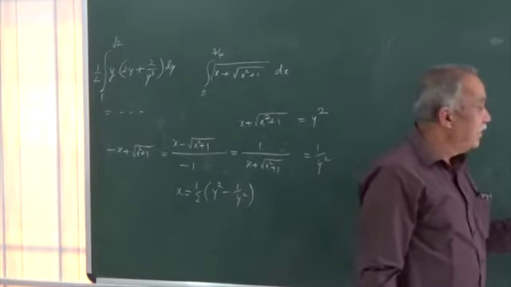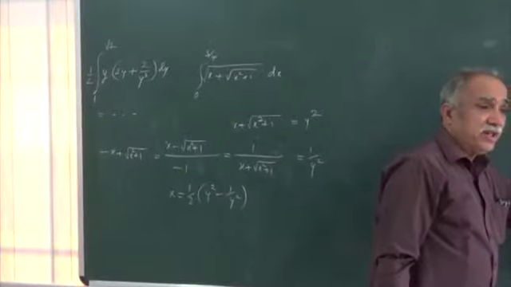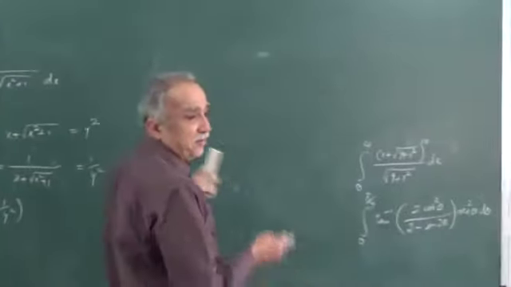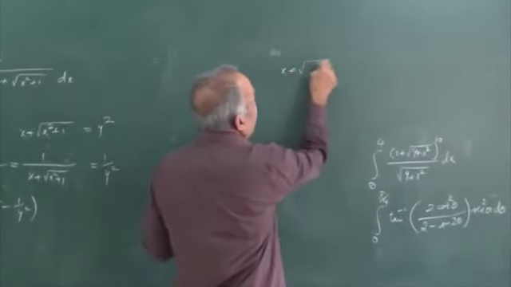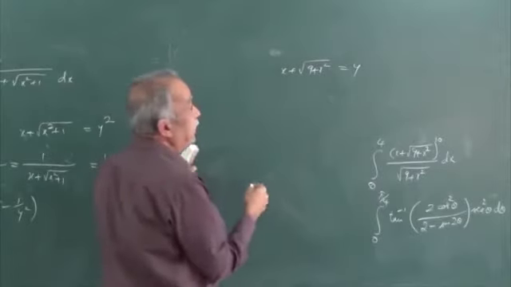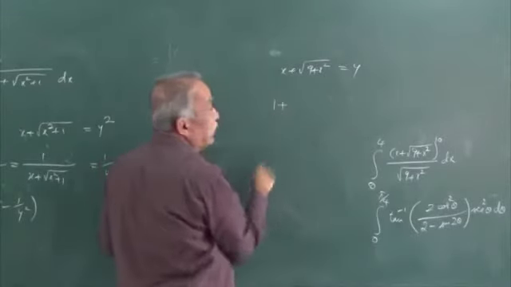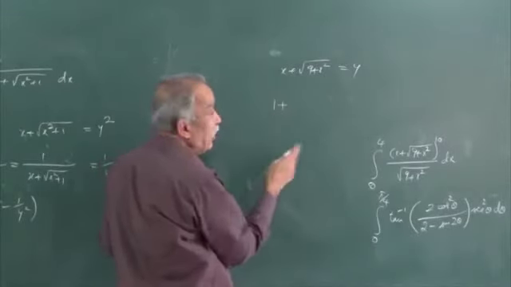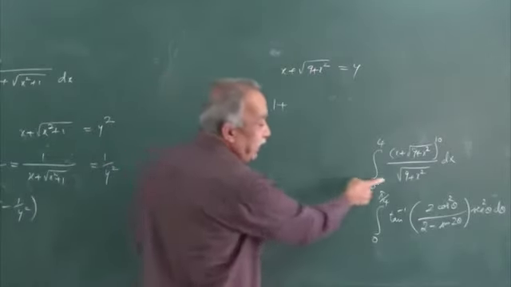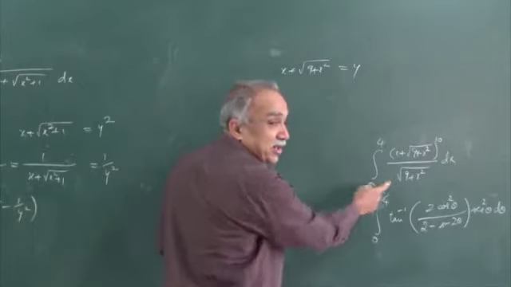Again, simply consider this x plus root 9 plus x square and try a substitution for that, y. What will be dy then? 1 plus... now I will not be going for x minus root 9 plus x square. I require root 9 plus x square in the denominator.